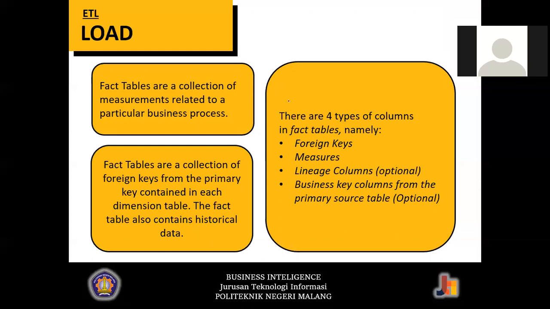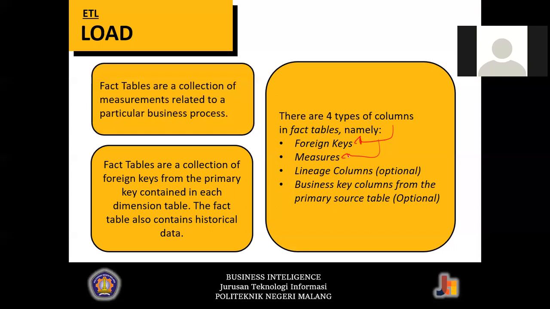So there are four types of columns inside fact tables. Namely, the column that stands as a foreign key, and the value or the score or the measures of the specific transaction, and another two, which are part of the fact table and are optional, meaning that you can use them or not.